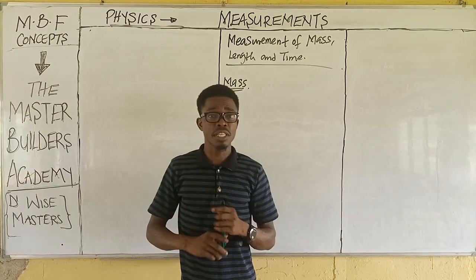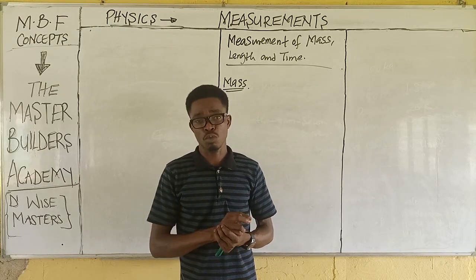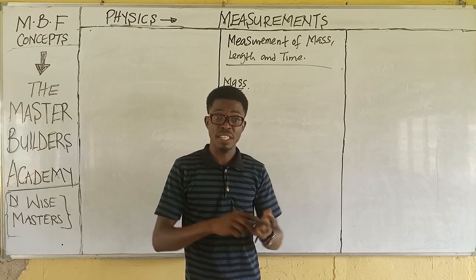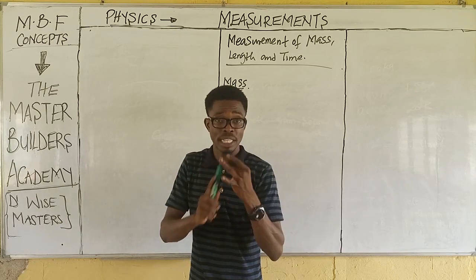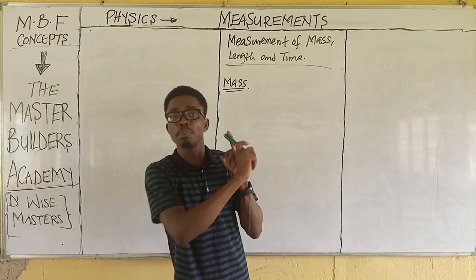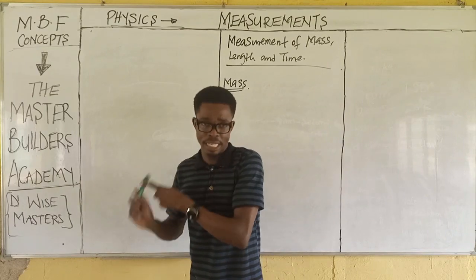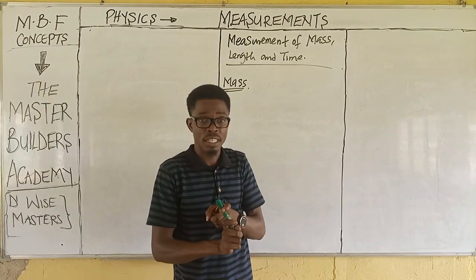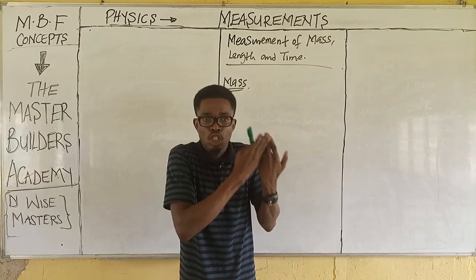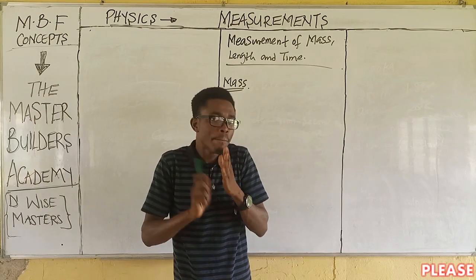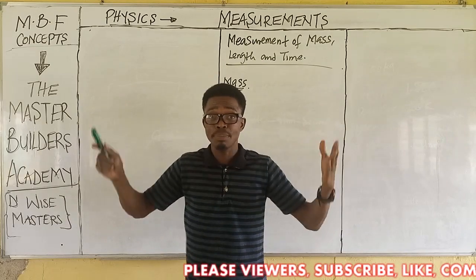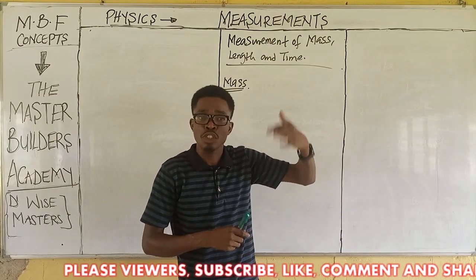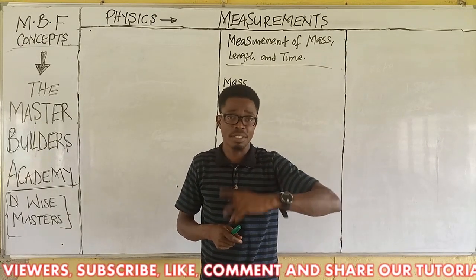Now, listen carefully. In physics, everything that we have, physical objects, we either recognize them to be a body or an object. Take note of that. So I can use body, I can use object. In physics, physical objects that we can touch, we can handle, are mainly referred to as either objects or a body. So when I mention body or when I mention object, in either case, we are right.